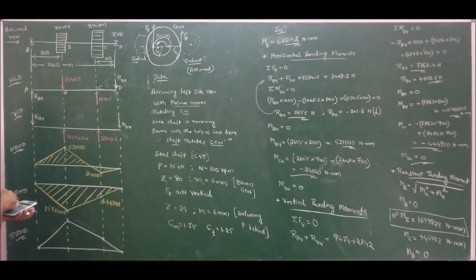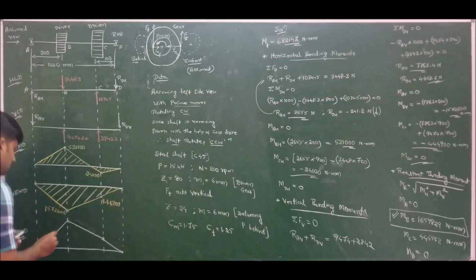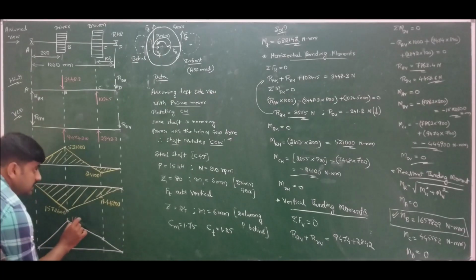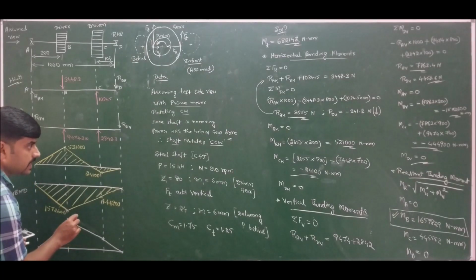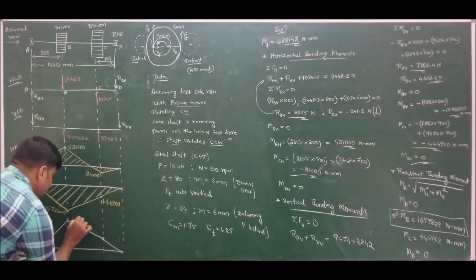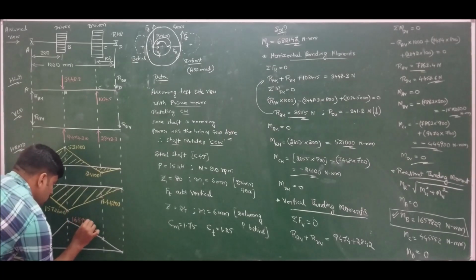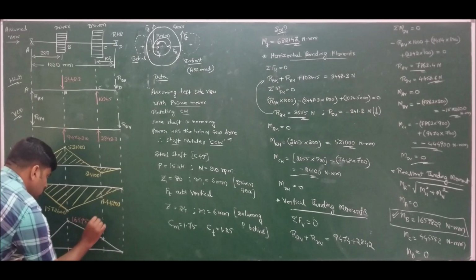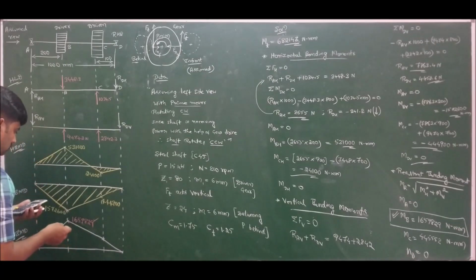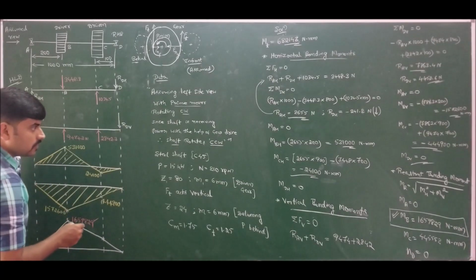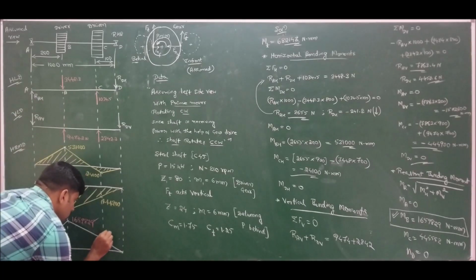Coming for the resultant, the value what I require is 1659829 and 444552.